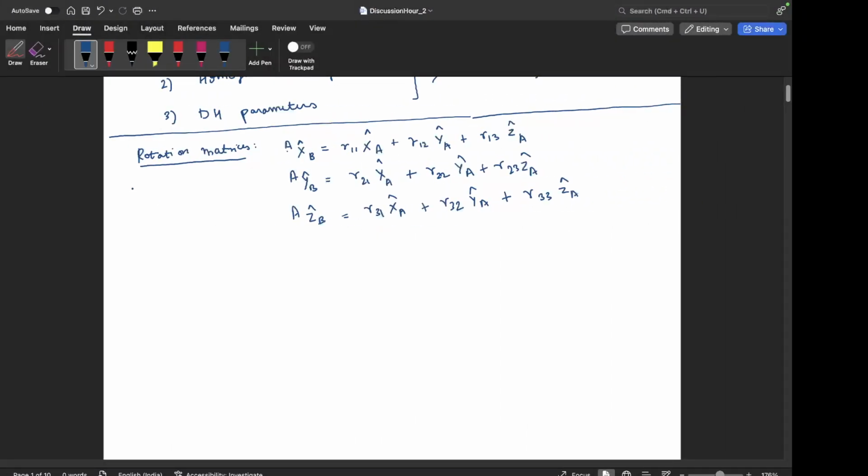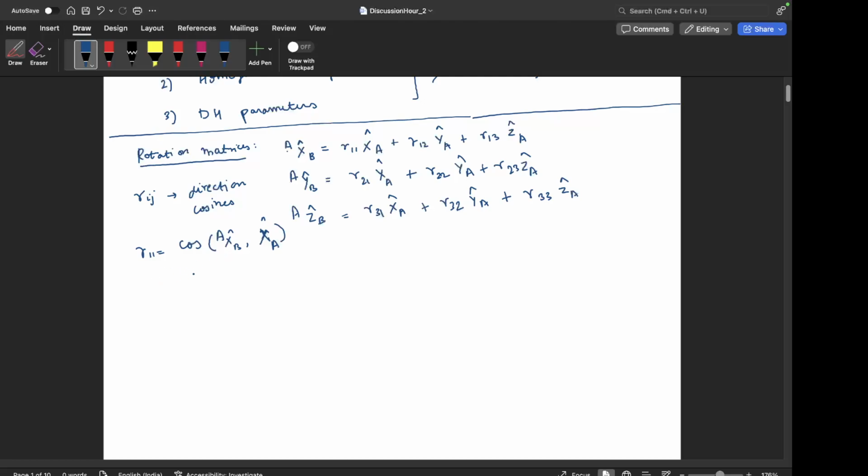So Rij, they are termed as the direction cosines. And for instance, R11 is cos of the angle between xb hat and xa hat, right?